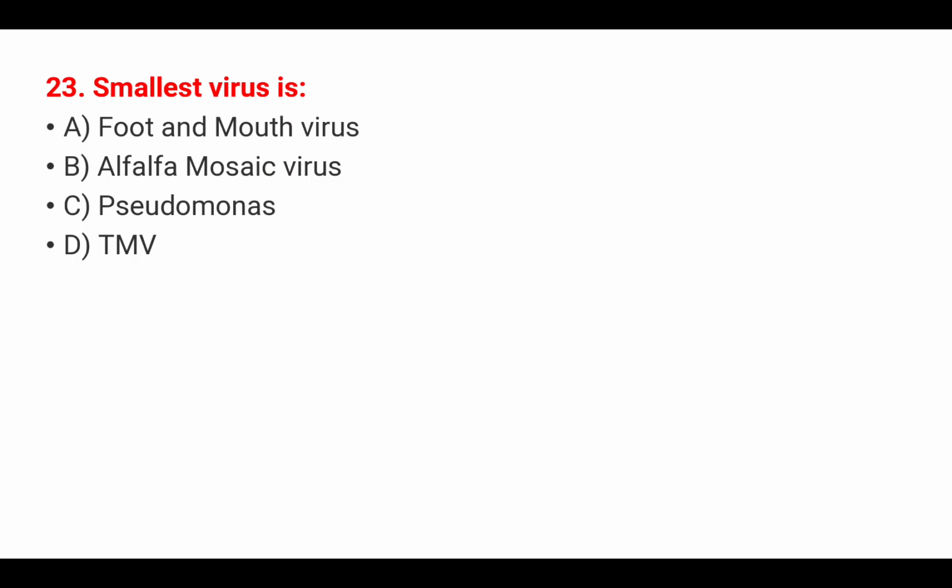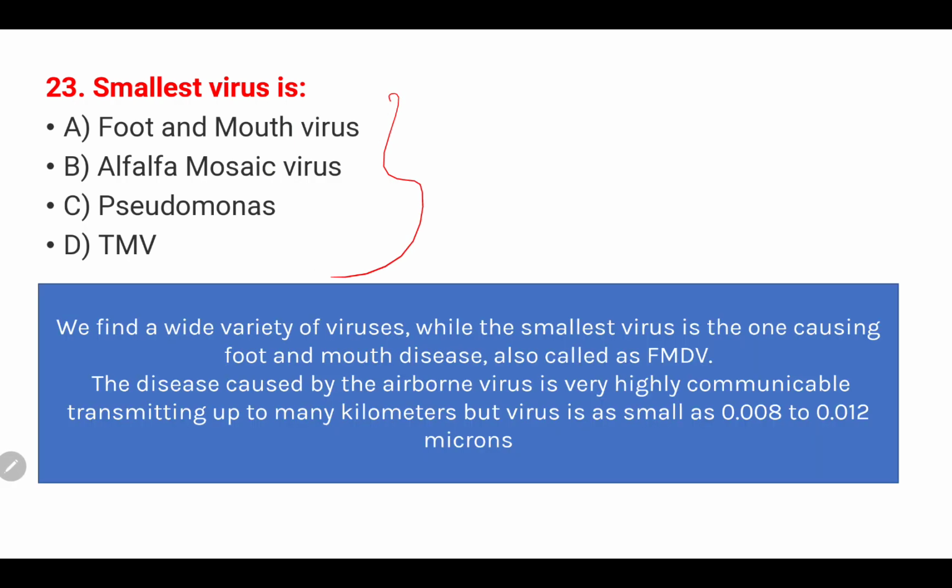Now let us move on to the 23rd question. Smallest virus is. See, they have given 4 options here. We find a wide variety of viruses. But the smallest virus is the one which causes a disease called foot and mouth disease, also called as FMDV.